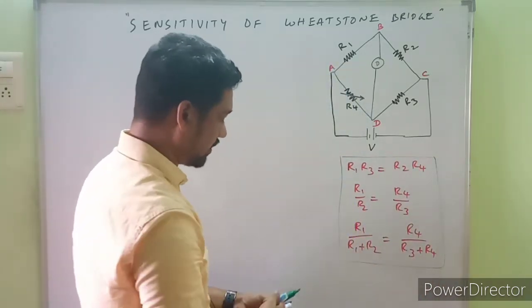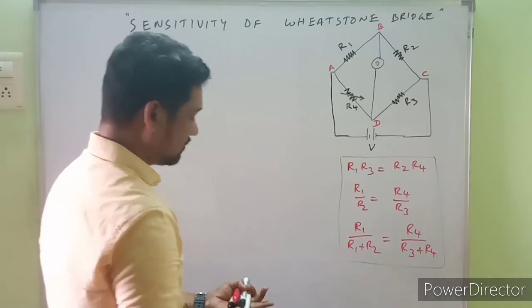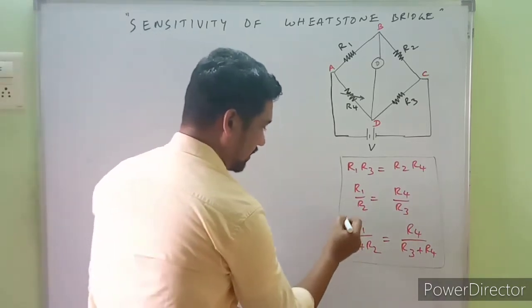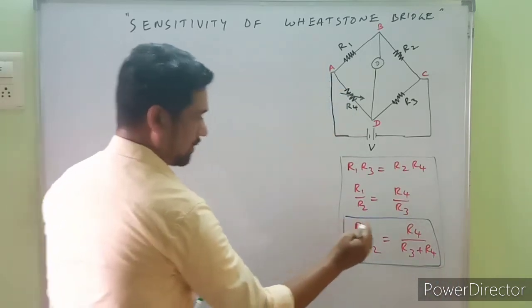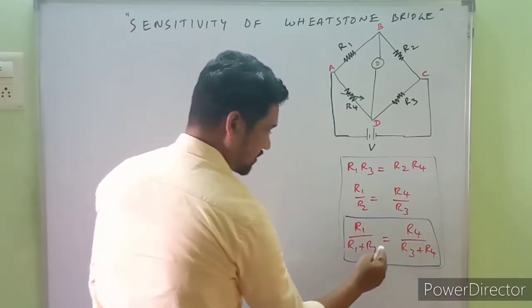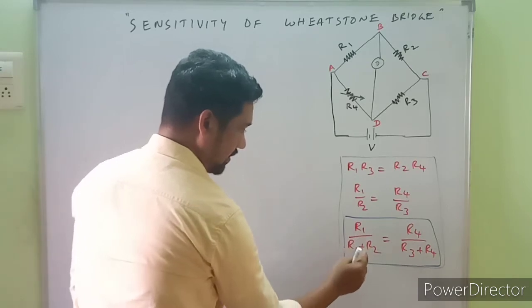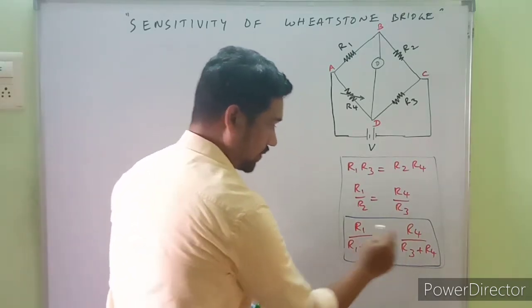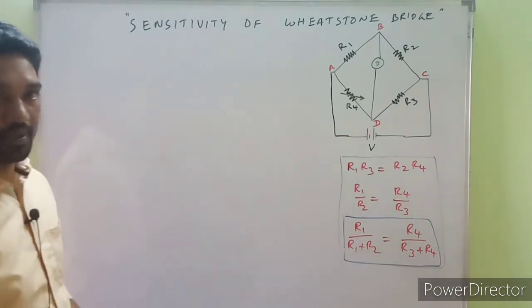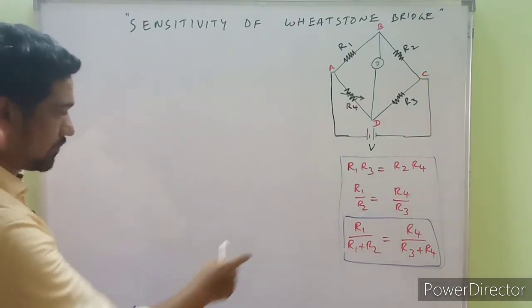So this is important. We need to plug in this value in one of our equations as we go on. We'll come across this one, and it can be substituted with this for simplification. So that's an important equation.